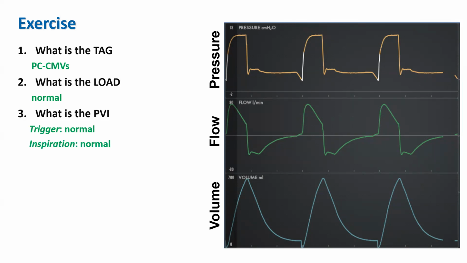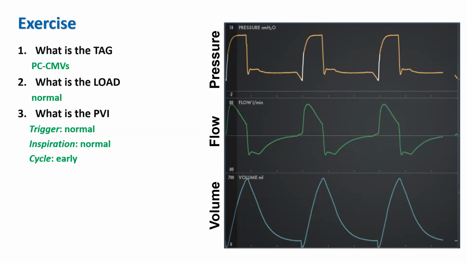We have a normal inspiration because we don't see much distortion of the flow waveform. However, the cycling is early. The patient is making somewhat of an inspiratory effort because it's not a perfect exponential curve here. And the patient's inspiratory effort is bleeding into the expiratory phase, so you get this clipping of the peak flow. So we would call that early cycling.